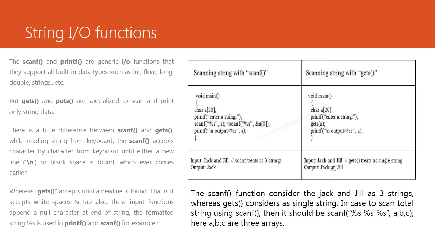The output is the first string scanned, that is Jack, and the rest is removed because we are using only one conversion character in the scanf statement. If we need to read Jack and Jill, we can put three conversion characters, that is scanf with %s %s %s. So it will read Jack and Jill.